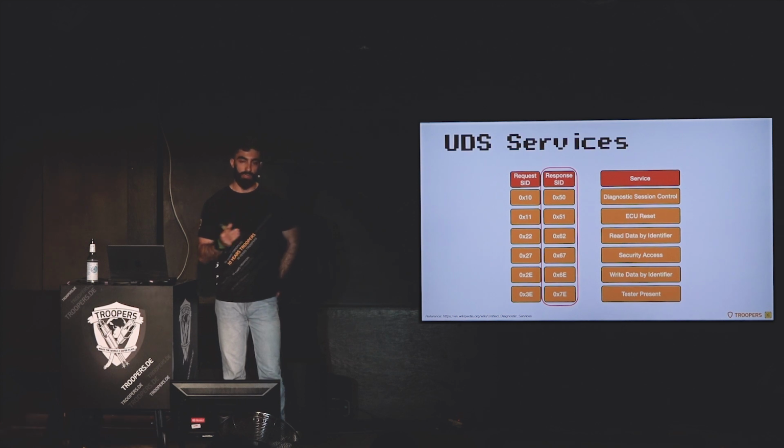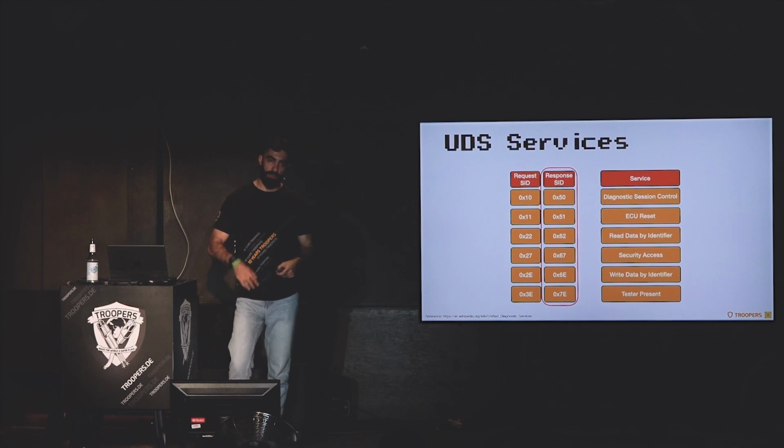One of them is diagnostic session control, where you send the 10 byte as a service ID in order to request a change in the session of the specific ECU that you are targeting, and the response will be a 50. So you should expect a different byte from your request.